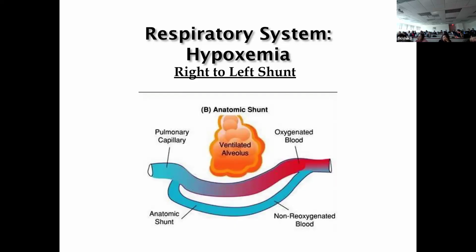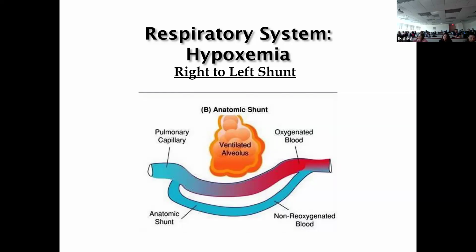But there are other shunts too. So there's an anatomic shunt, where you have your pulmonary capillary, your alveolus here, red cell exchange, body, all good. Well, you may have this thing called an anatomic shunt, which is like this branch of vessel that skips the whole thing. So some blood will go, but some won't.